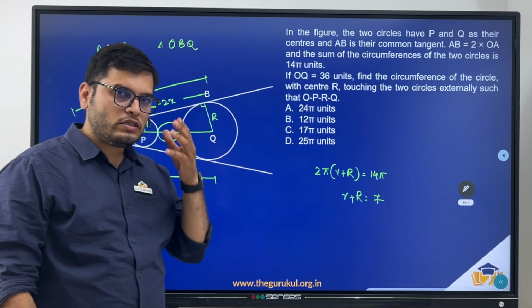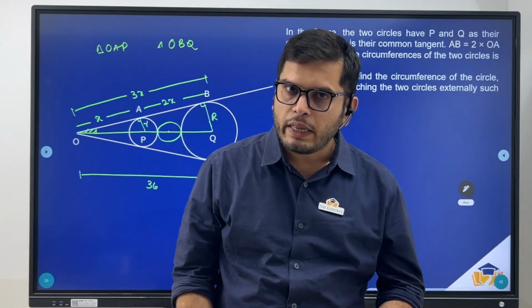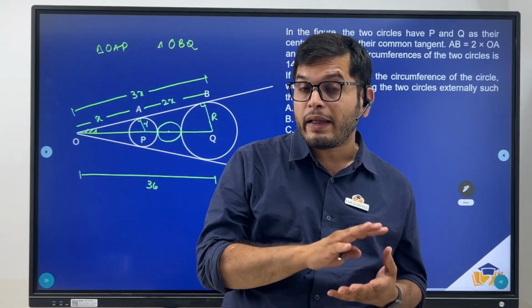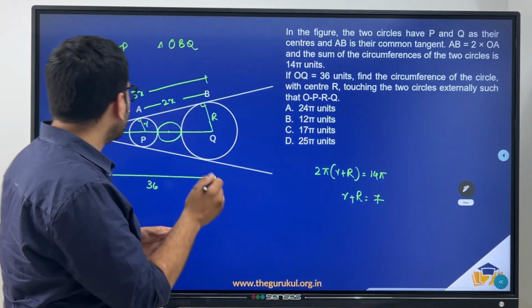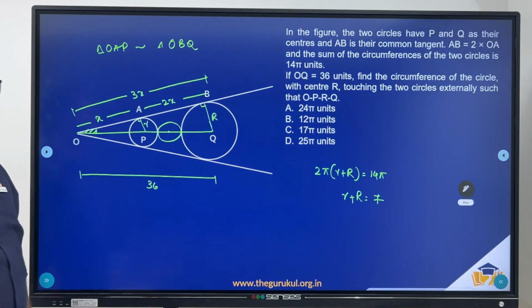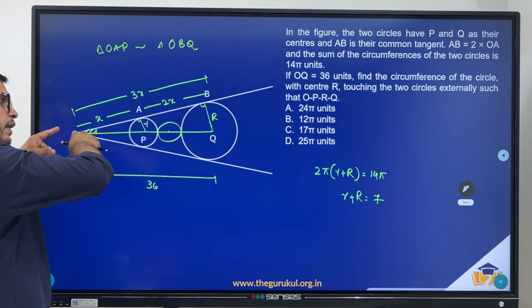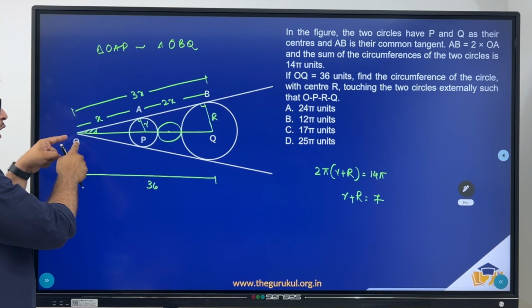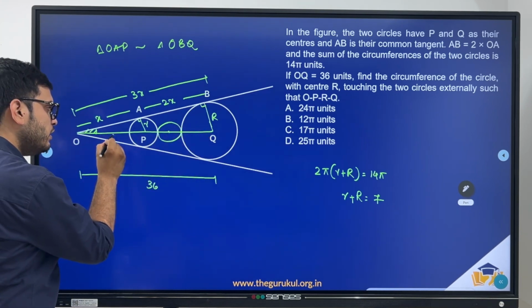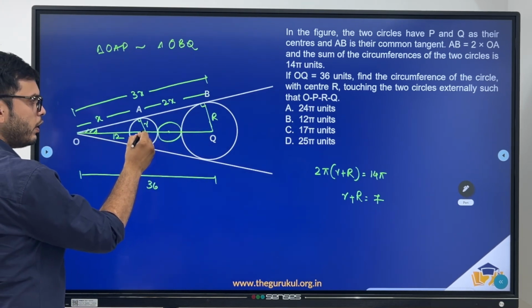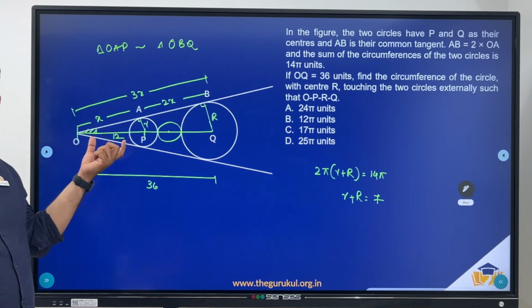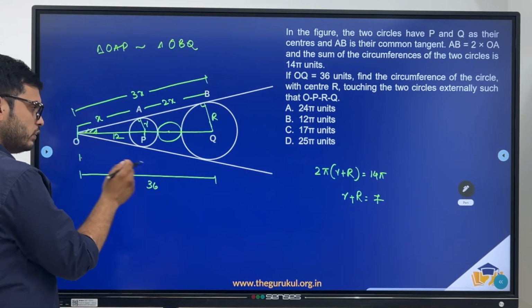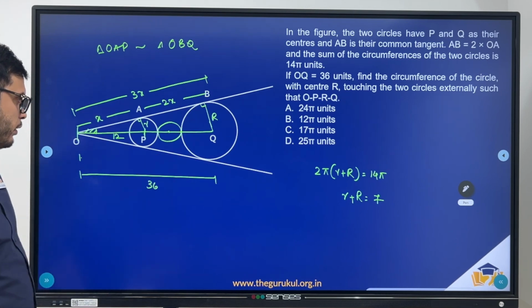So in two triangles, if two angles are equal, the third angle will be equal and both the triangles will be similar. So triangle OAP is similar to triangle OBQ. If the length of OB is 3x, the length of OA is x. Similarly, if the length of OQ is 36, this should be 12, right? Now this part should be 12, and we know that OQ is 36.